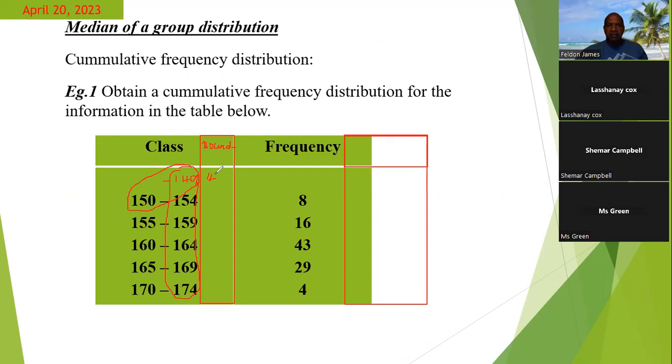149.5. And so that is our first boundary value. The other one will be 154.5. The other one will be 159.5.